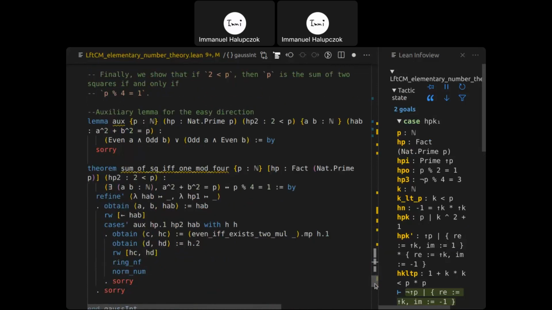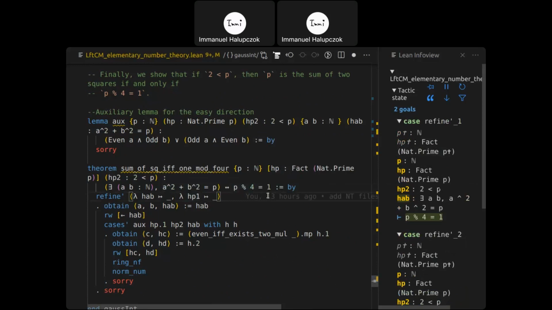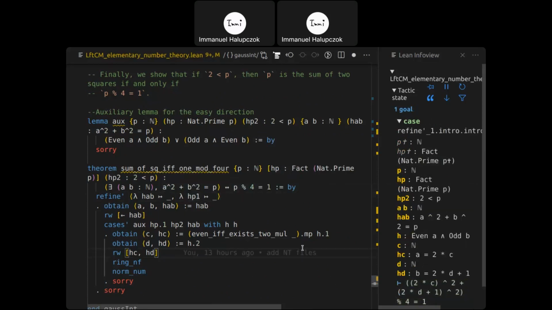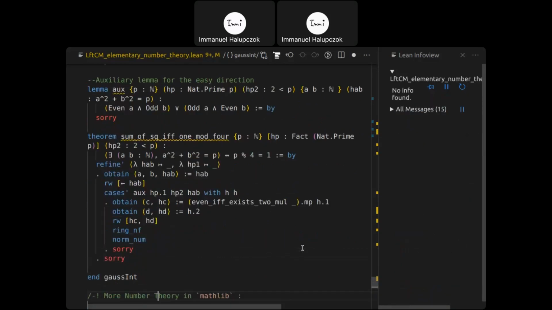And from this, we can get the conclusion about whether we can express P as a sum of squares. So this is almost immediately equivalent to saying that P can be written as A squared plus B squared for some integers A and B, if and only if P is congruent to 1 mod 4. Which is already an interesting result. So this maybe will be one of the highlights of an elementary number theory course or something like that.